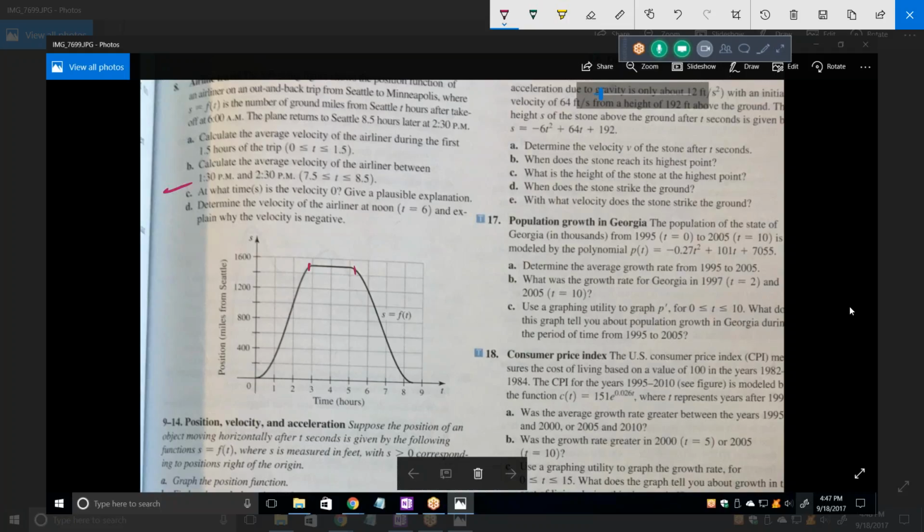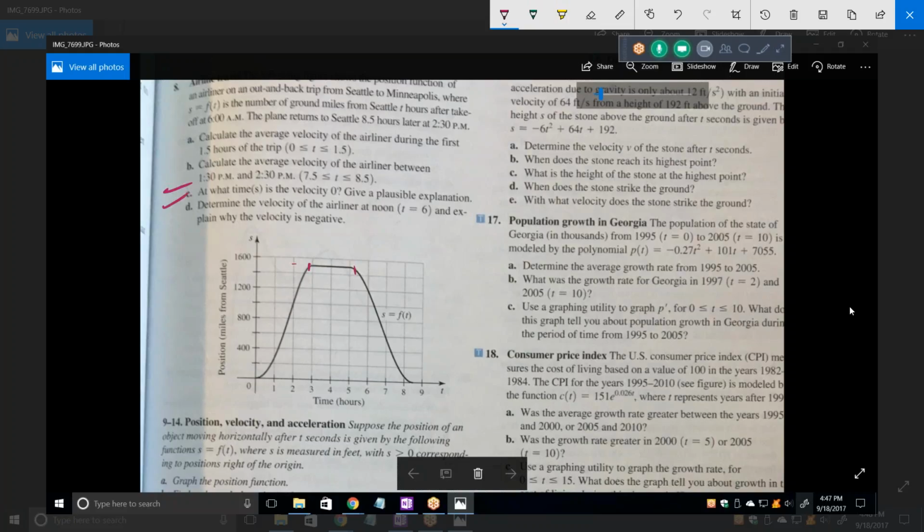No other place on that curve can I find a horizontal slope, whether I'm talking average or instantaneous. But certainly there is no slope of the tangent line that is 0 except anywhere between 3 and 5. That's when it's stopped. That's what a velocity of 0 means, it's got to be stopped.